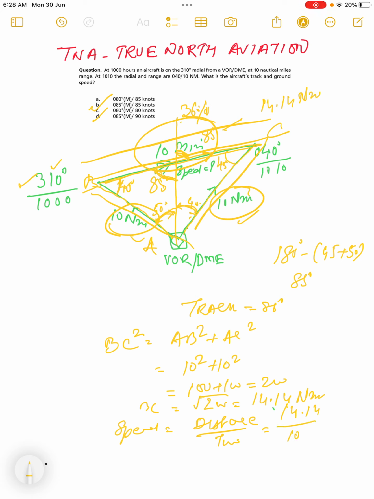You have to convert into hour, because speed is also in the knots. So this will come out 85 knots. This is your answer. Okay, so B is your answer.